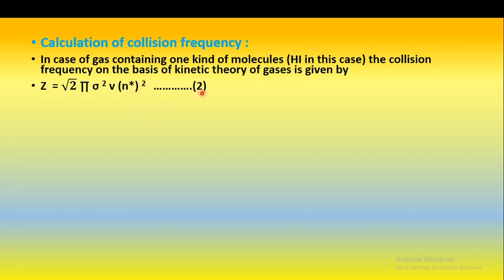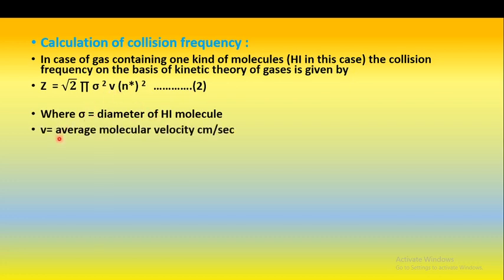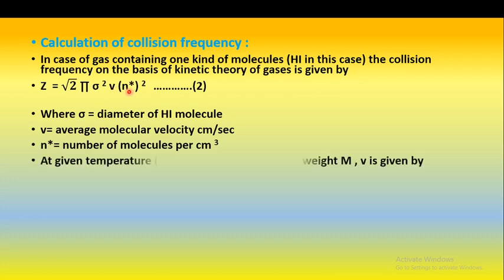This is equation 2, where sigma is the diameter of the HI molecule, V is the average molecular velocity in centimeter per second, and N star is the number of molecules per cubic centimeter.